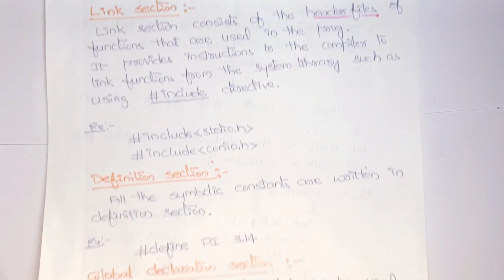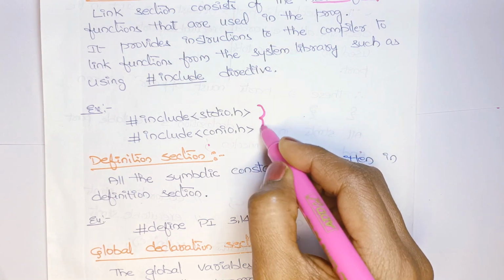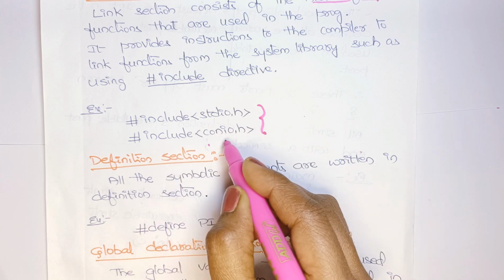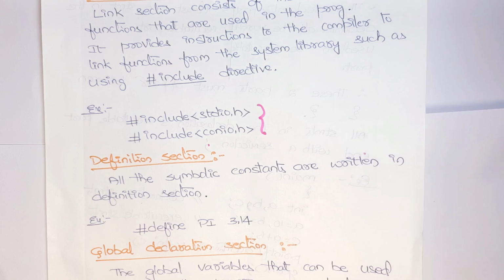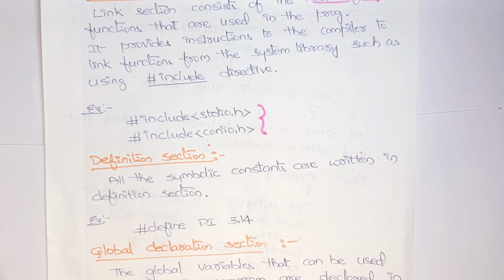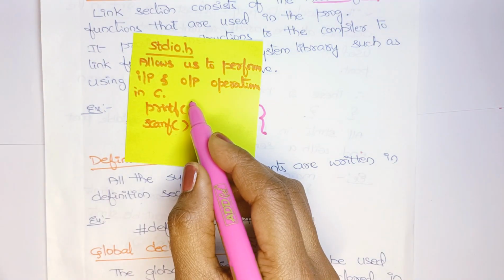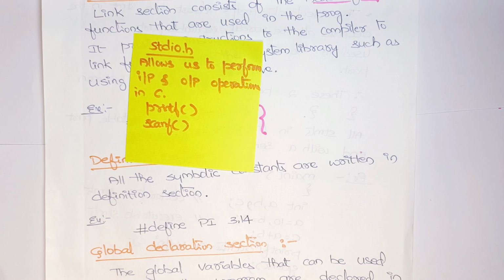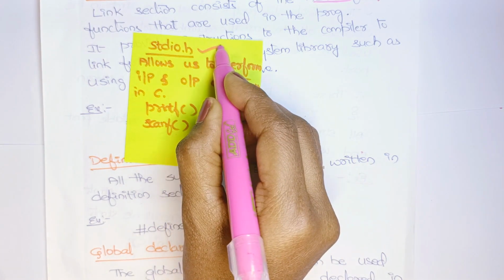These are the standard header files we use in the C programming language: #include stdio.h, #include conio.h. stdio.h is the standard input output header file. It allows us to perform input and output operations in C. So if you want to perform any input output operations, we need to include this header file.